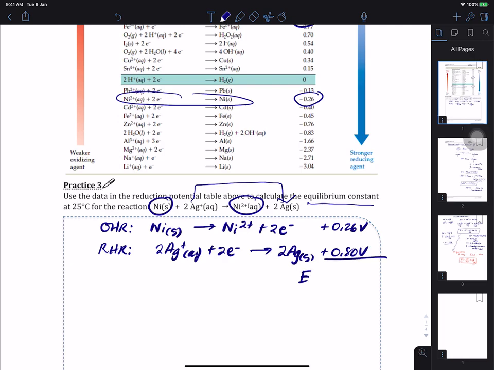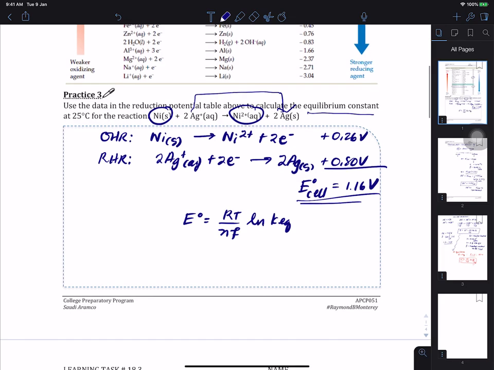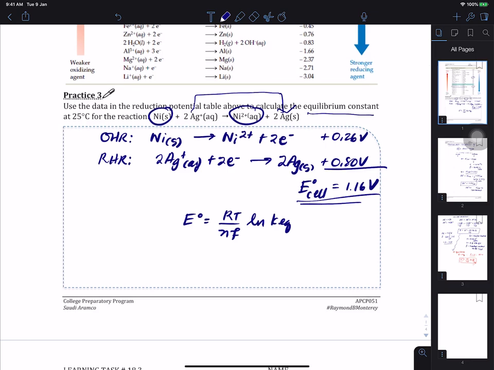Therefore, our cell potential under standard conditions would be, what's that? 1.116 volts. And now, from our previous derivation, we said that the E naught of the cell can be computed from RT over NF ln of KQ. So we just have to substitute values. Our calculated E naught is 1.16 volts.